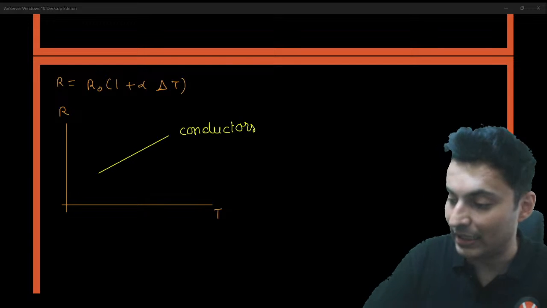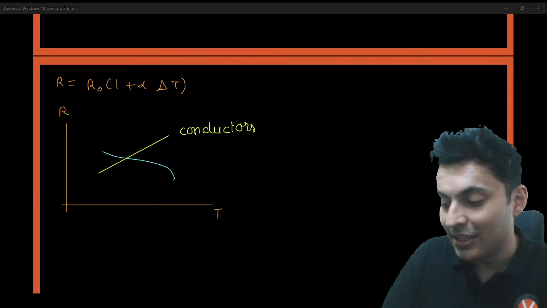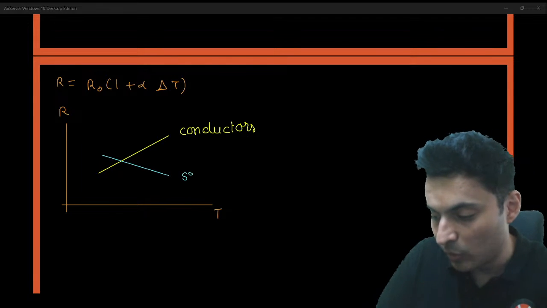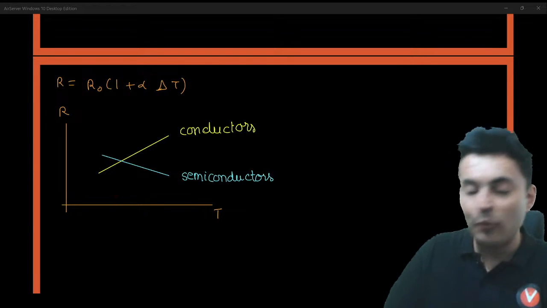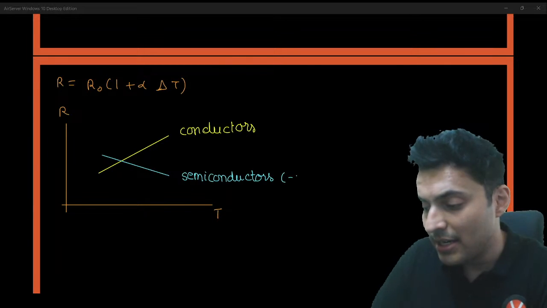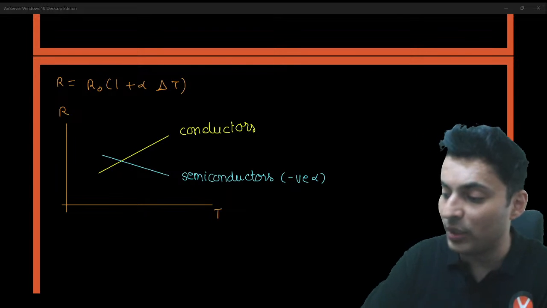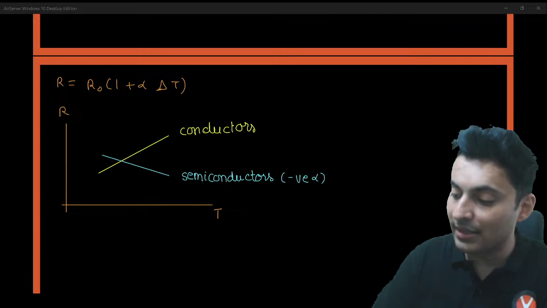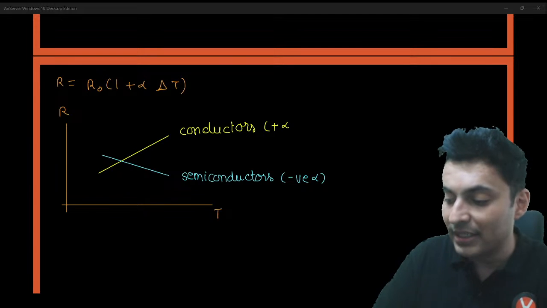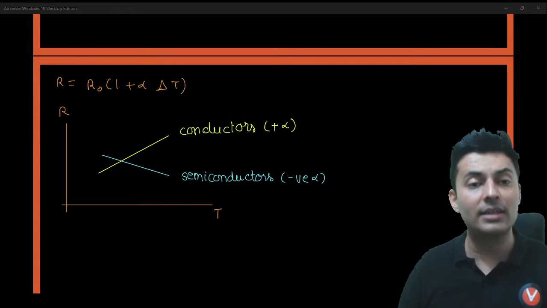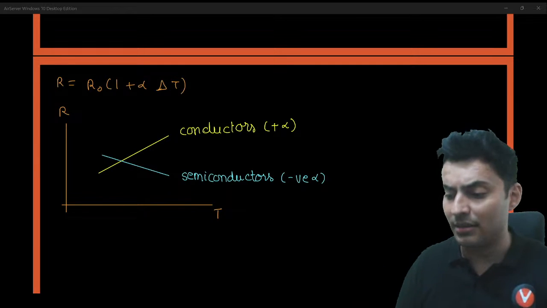For semiconductors, the graph is downwards, meaning when you increase the temperature, the resistance decreases. So they have negative alpha, negative temperature coefficient of resistance. Whereas for conductors, when you increase the temperature, the resistance increases, so they have positive values of alpha. The graphs' slopes are just different: positive for conductors, negative for semiconductors.